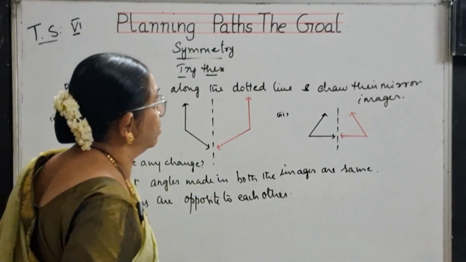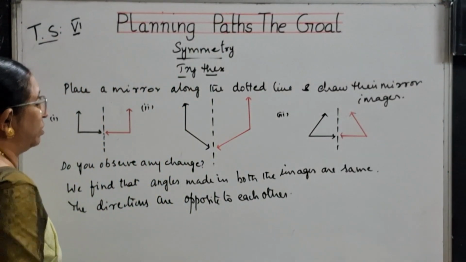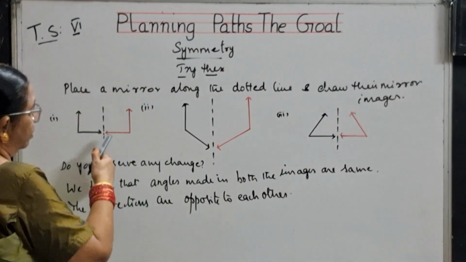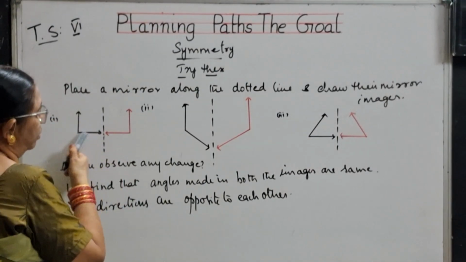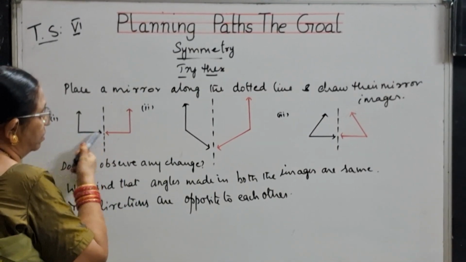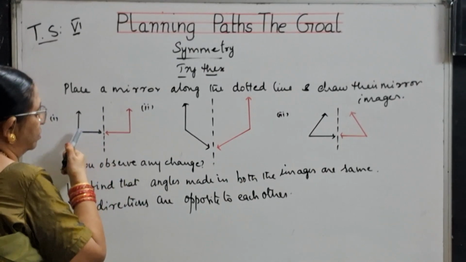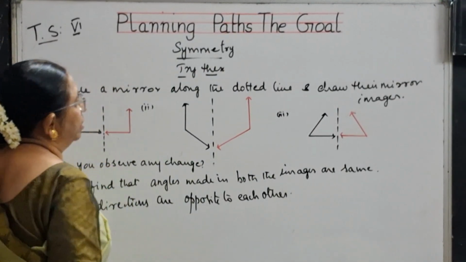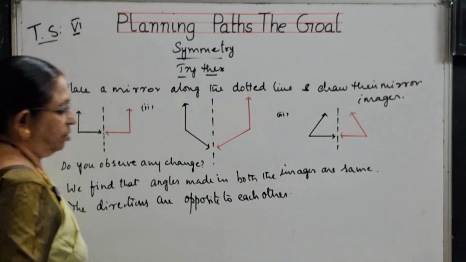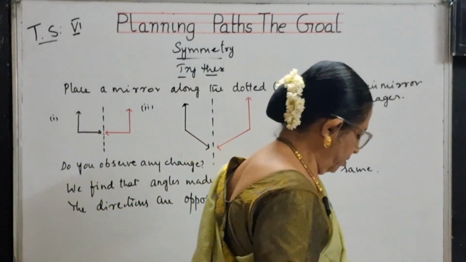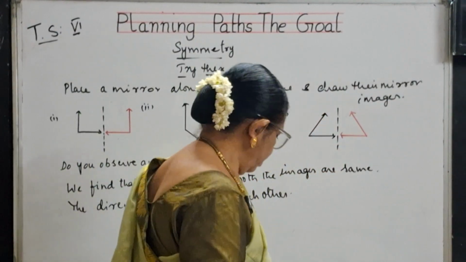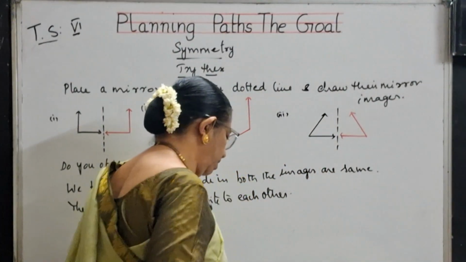So the angles are the same. But what is the difference? The difference is in the directions. See, where the arrow is passing like this, here it is in this way. So only the directions are changed. That's all. So please observe this, children. Write down the answer.